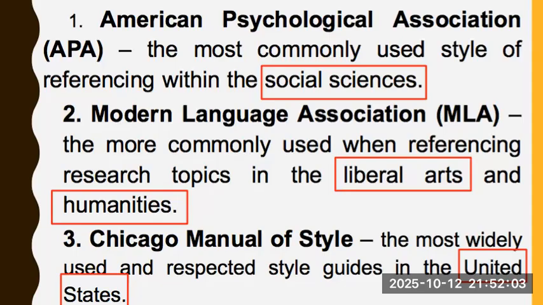MLA, or Modern Language Association, is often used in humanities and liberal arts. Chicago Manual of Style is used in history and other disciplines, and is one of the most widely used and respected style guides in the United States. But for our subject, we will mainly use the APA 7th edition since it's the standard for most research in senior high school.